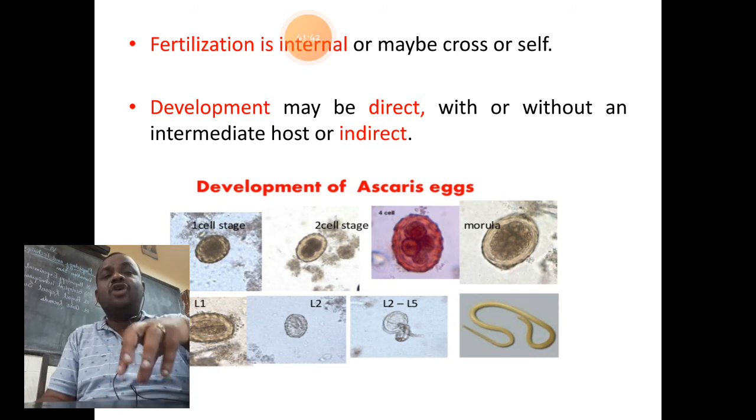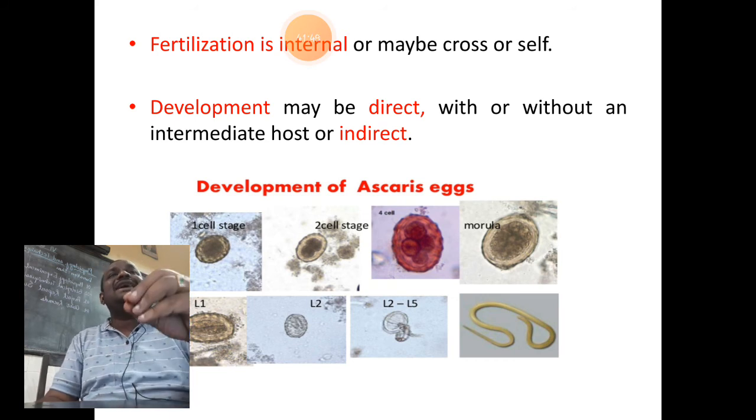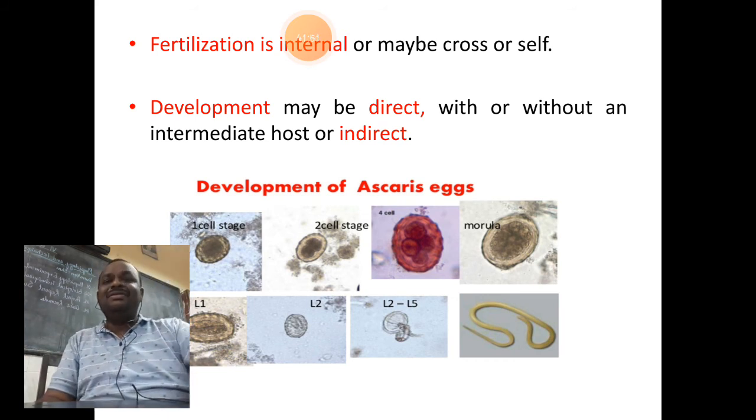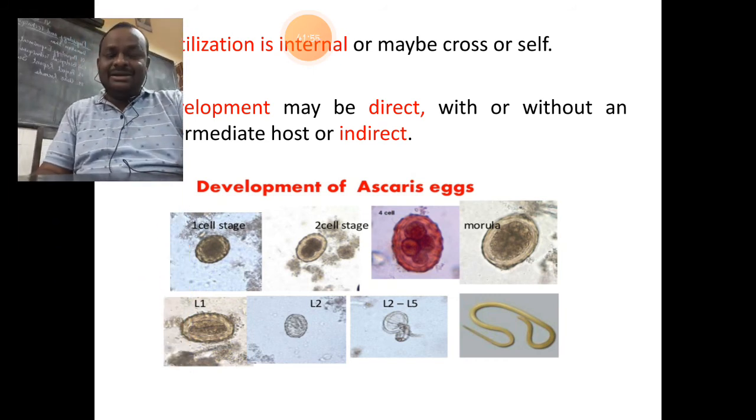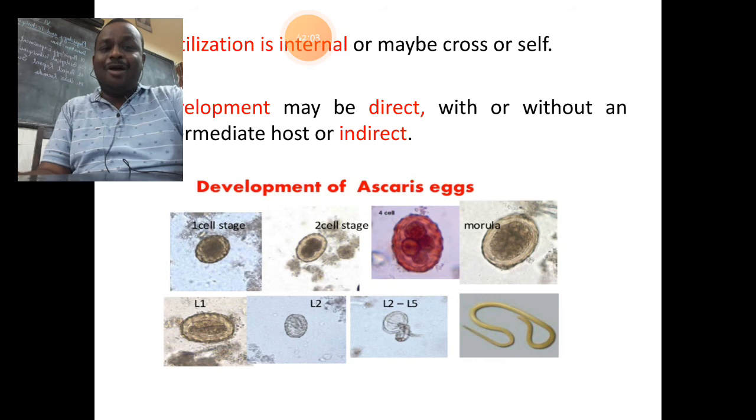Indirect development is commonly seen with the help of host organisms. So, parasites will most of the time show indirect development. Down in the picture, you can find different diagrams showing the development of Ascaris, the common roundworm.